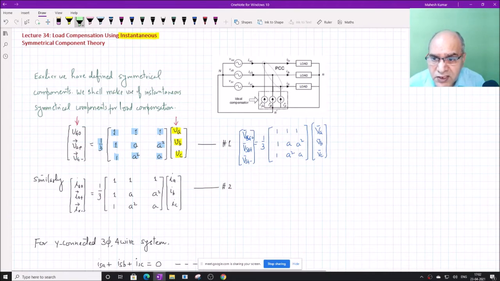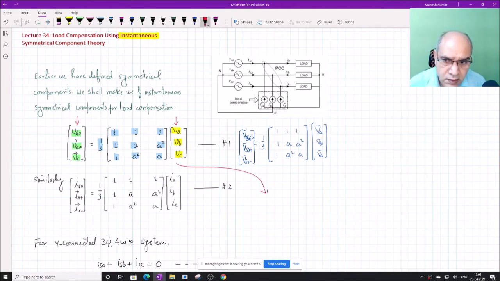If you see the nature of VA0, VA plus and VA minus, you can see from this that VA0 is nothing but, from this row into this column, VA plus VB plus VC by 3.